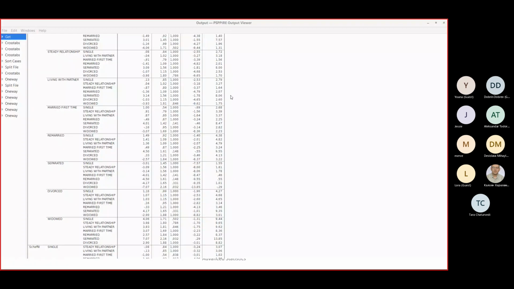And this was this significance level. Here we have again 3.2%, but this is the same pair, because here we have separated and without, and here we have without and separated.